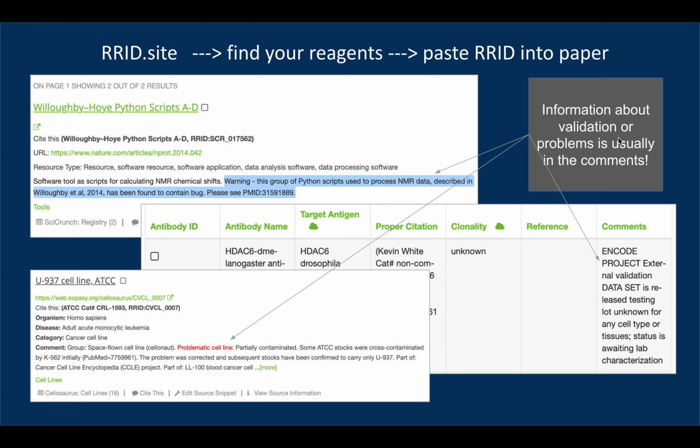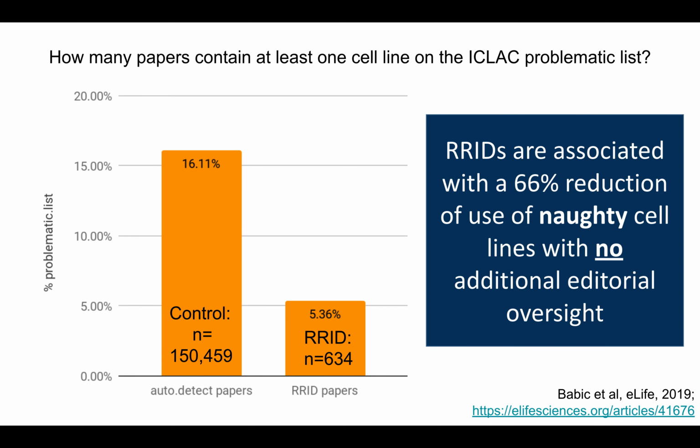Good things are sometimes said about these reagents. So this is that information about each RRID. This is a note that the ENCODE project actually validated this particular antibody. And here's another note, this one actually in red now, that says, hey, this is a contaminated cell line. But the question is, do people read these notes? Do they? Yep, they do.